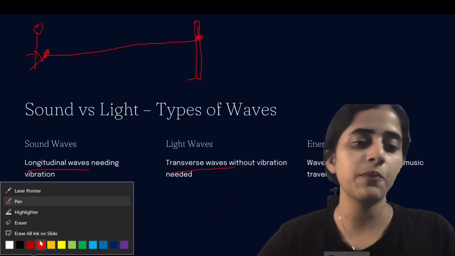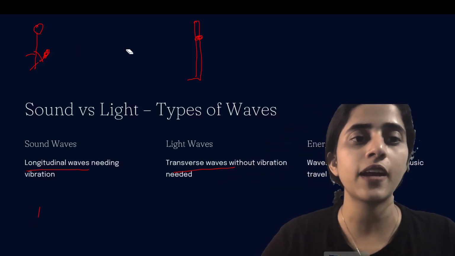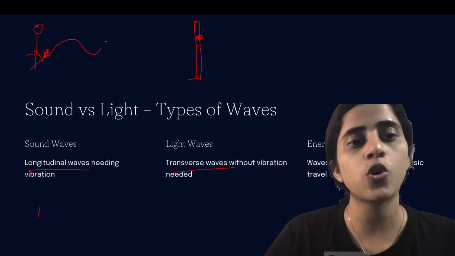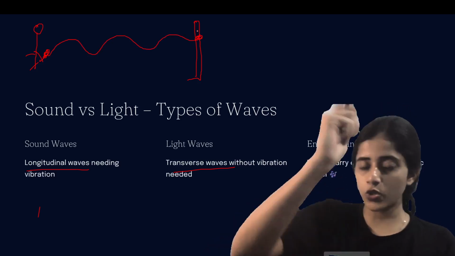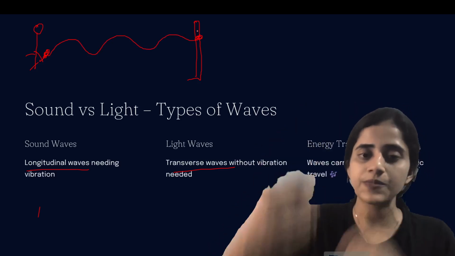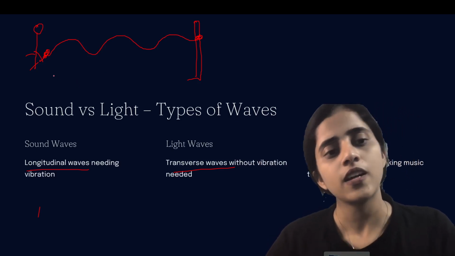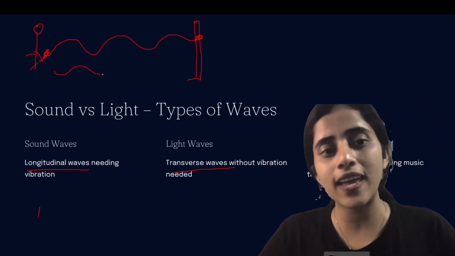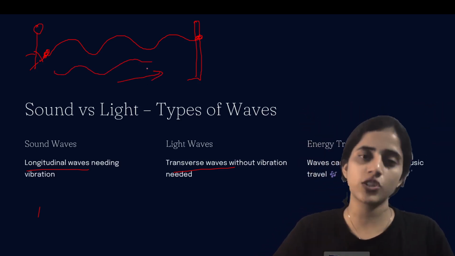So what happens to the rope if I move my hand up and down? This rope will move like this. The rope will start making waves. You can see the waves are starting from my hand because that is where I'm moving. So the waves are moving in the forward direction.